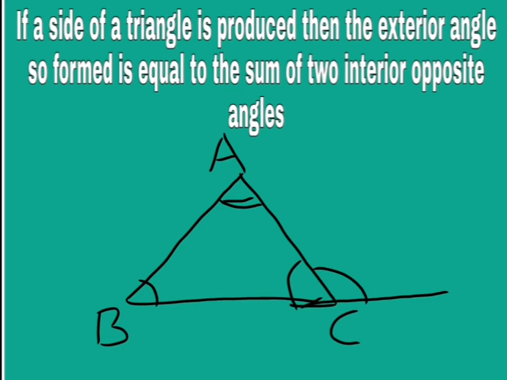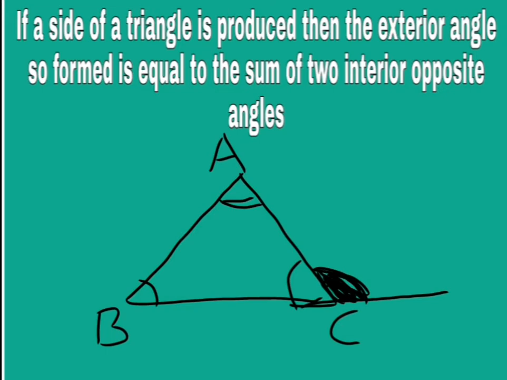Now, according to this property, if you extend any side of your triangle, you get one exterior angle outside the triangle, and this exterior angle will be equal to the sum of the interior opposite angles.